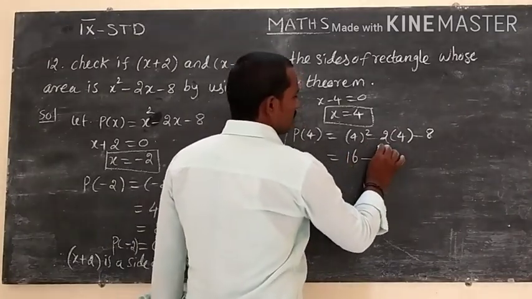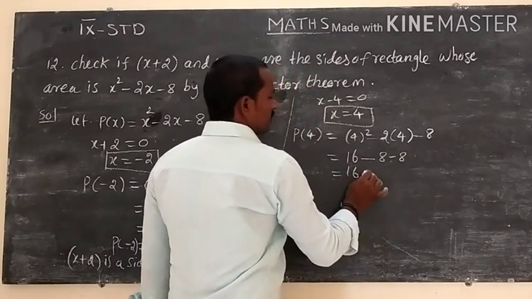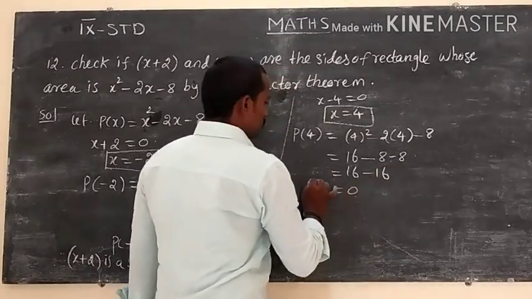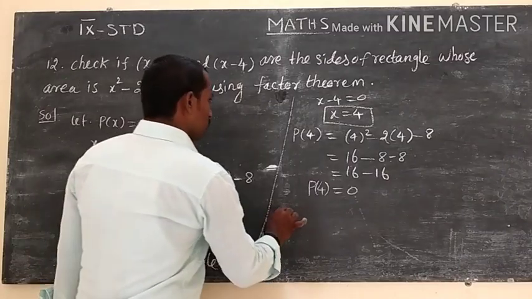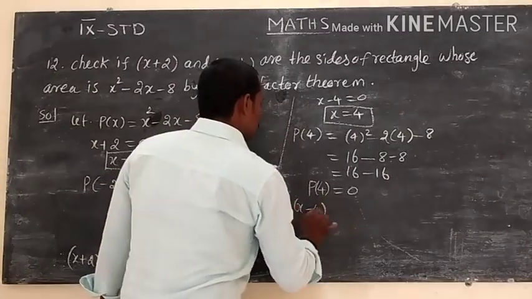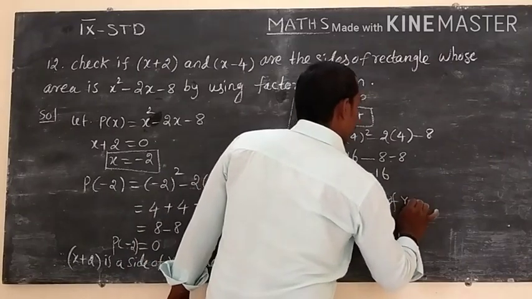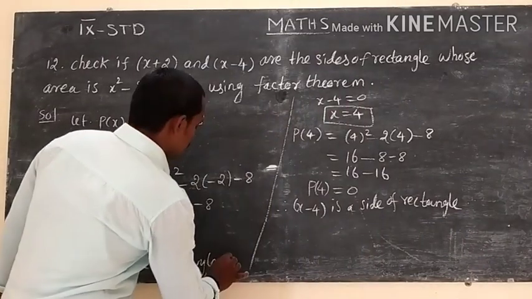Minus into plus is minus, 2 fours are 8, and minus 8. So 16 minus 8 and minus 8, totally minus 16, equals 0. The p of 4 equals 0. Therefore, x minus 4 is a side of the rectangle. Consider this as 1 and this as 2.